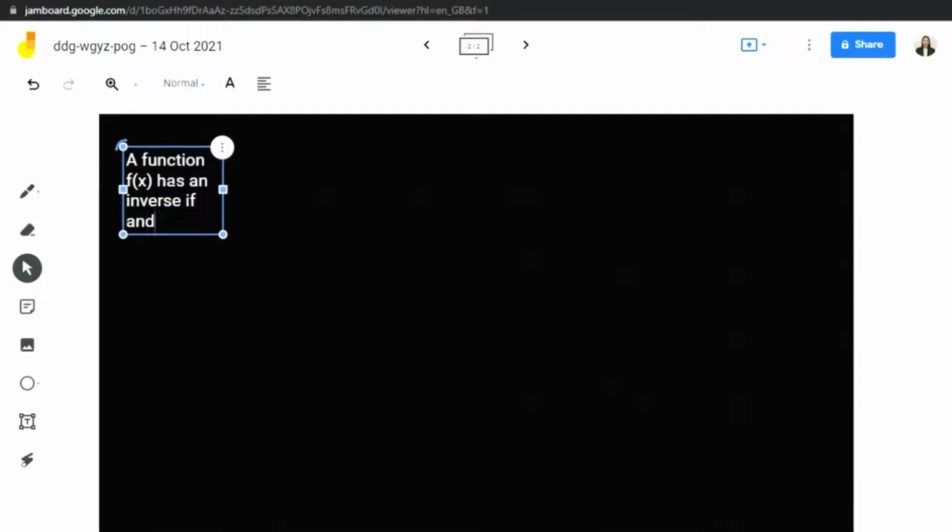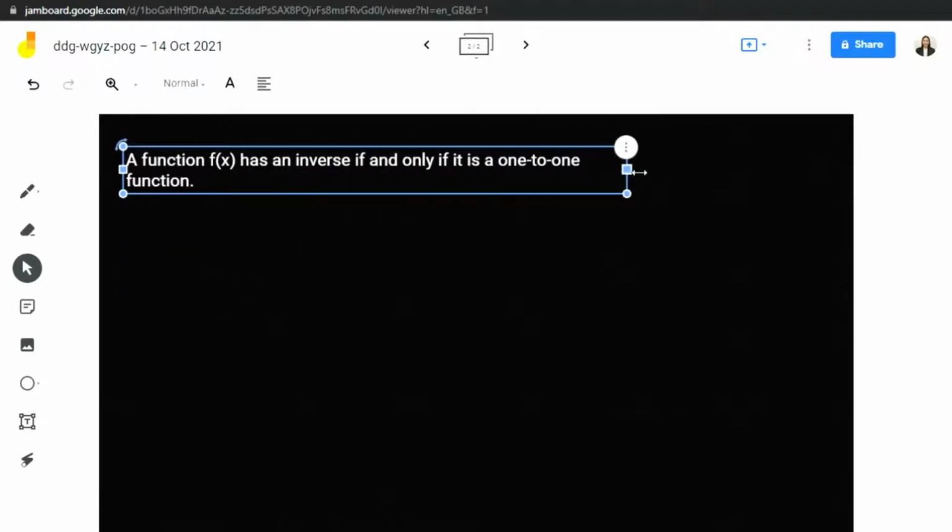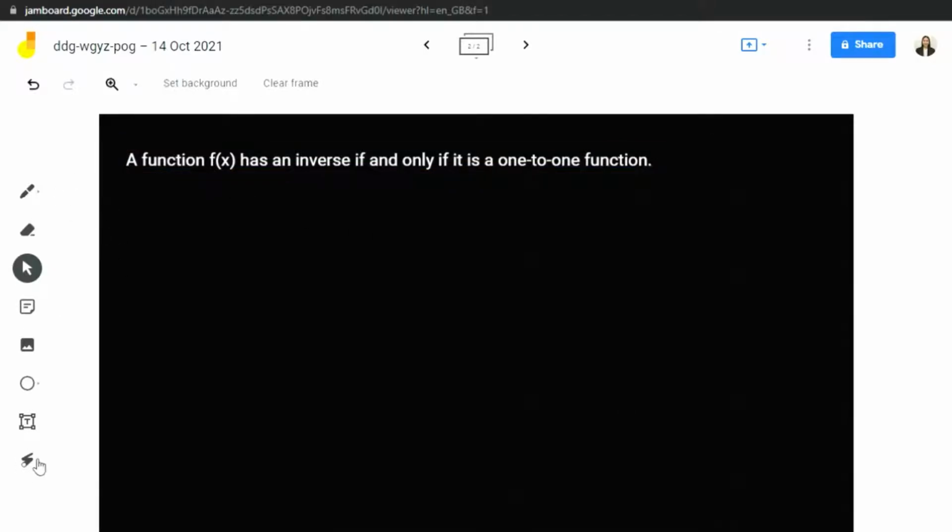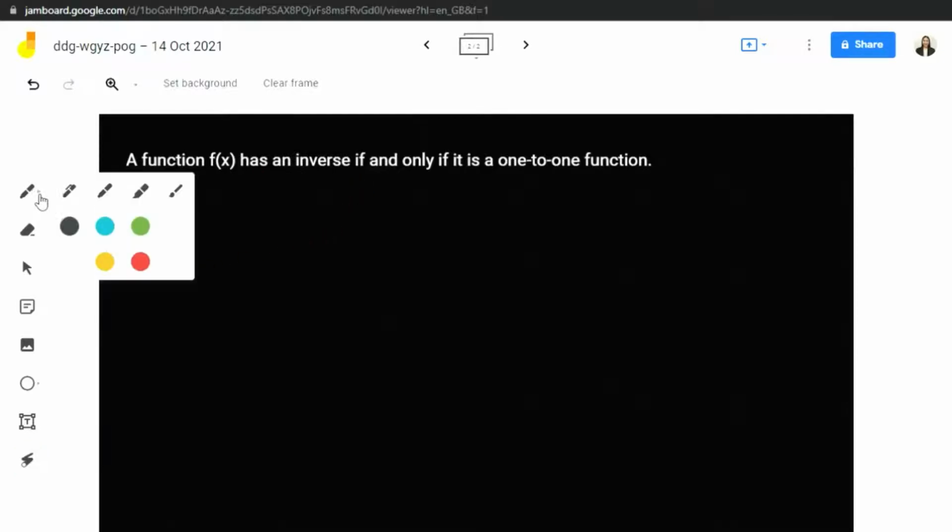Let me write it down. A function f of x has an inverse if and only if it is a one-to-one function.